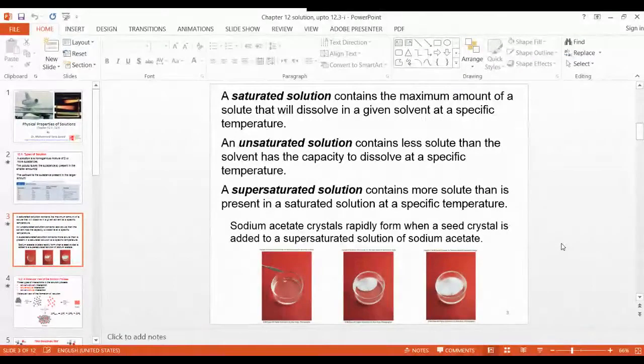At a particular temperature, you can dissolve an amount of solute until it becomes saturated. After some time, if you add any solute, it cannot be dissolved, because whatever space you have in the solvent has been filled with solute, no space left behind.